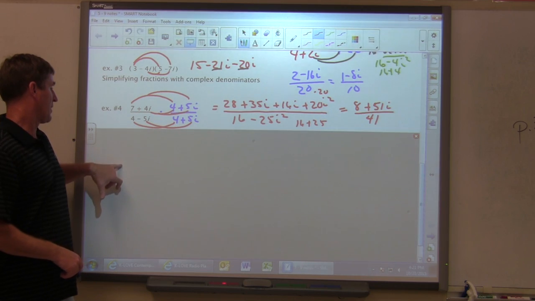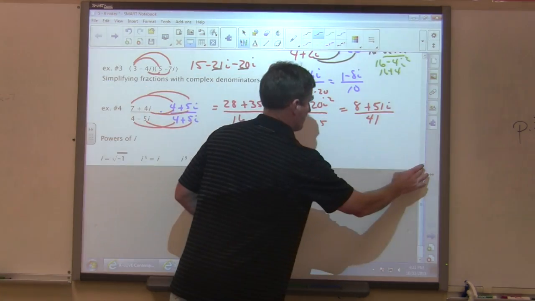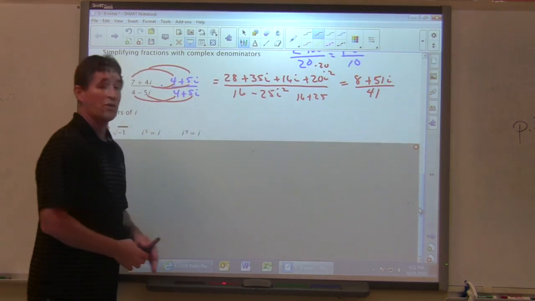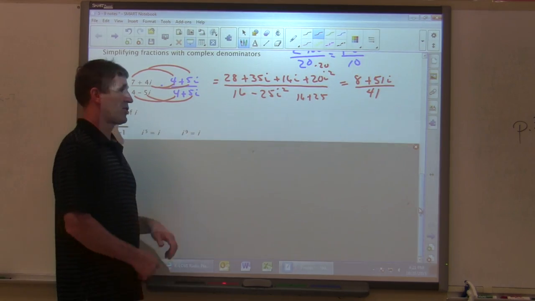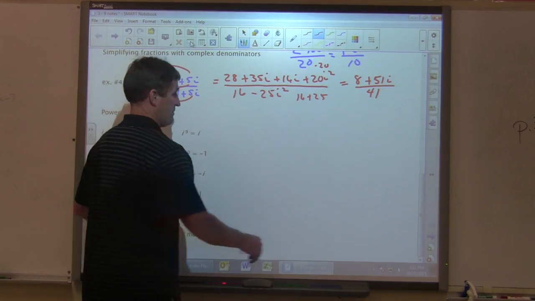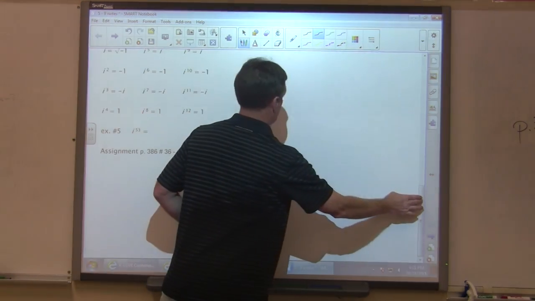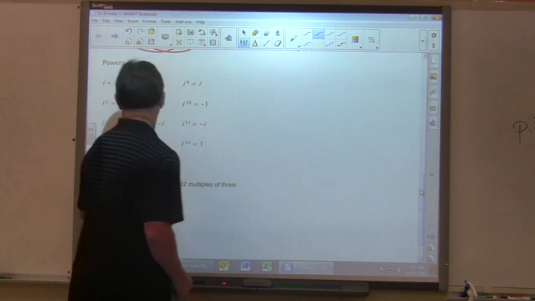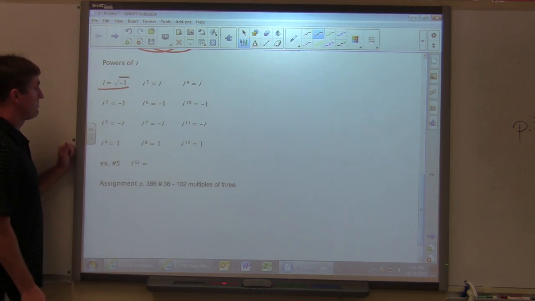The last thing that we're going to have to do on this assignment is take a look at the powers of i. Now, we went over this earlier in my class when we did section 5.5. But when you look at the powers of i, we went through this, that i is the square root of negative 1.